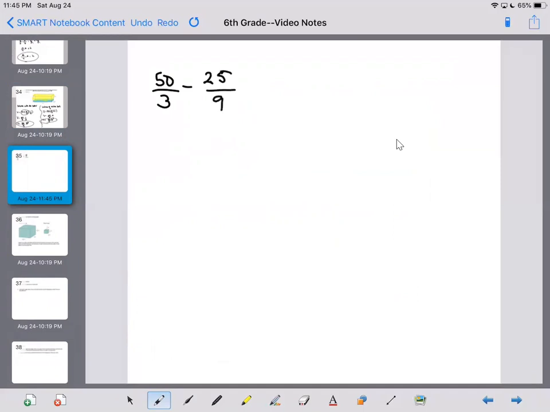So we need common denominators here. So we could multiply this by 3 and this by 3. So we'd get 150 ninths, take away 25 ninths.